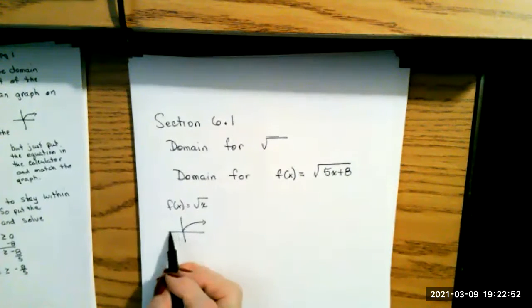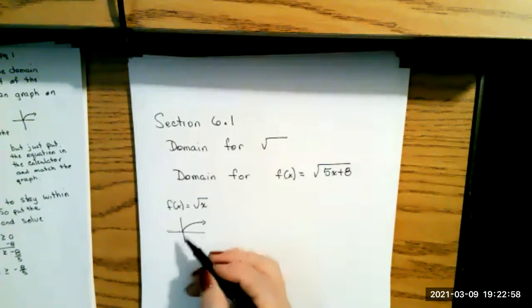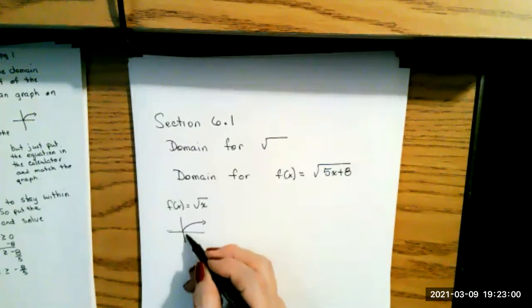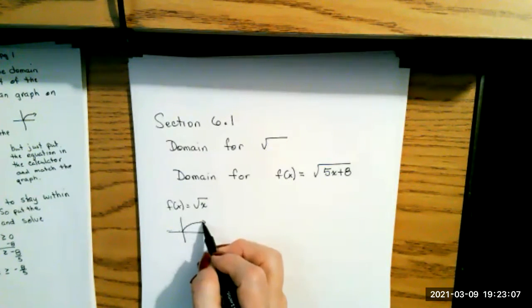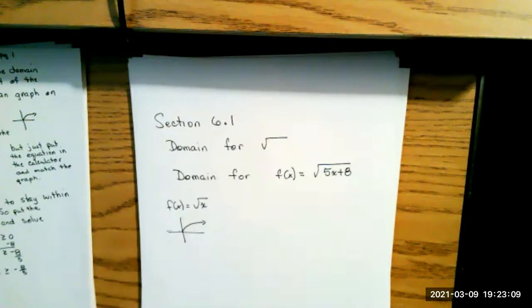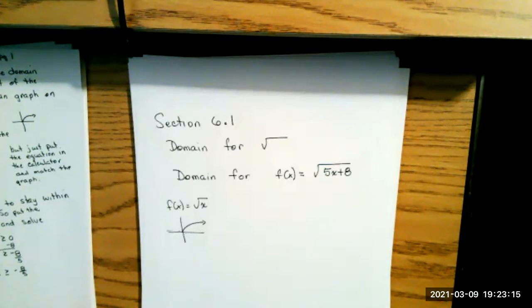Notice there are no values over here in the negative side of x, and there are no values down here in the negative side of y. All of the values are from 0 to positive infinity for both x and y. So that means, like we had fractions that we said not equal to 0, it's similar to that.